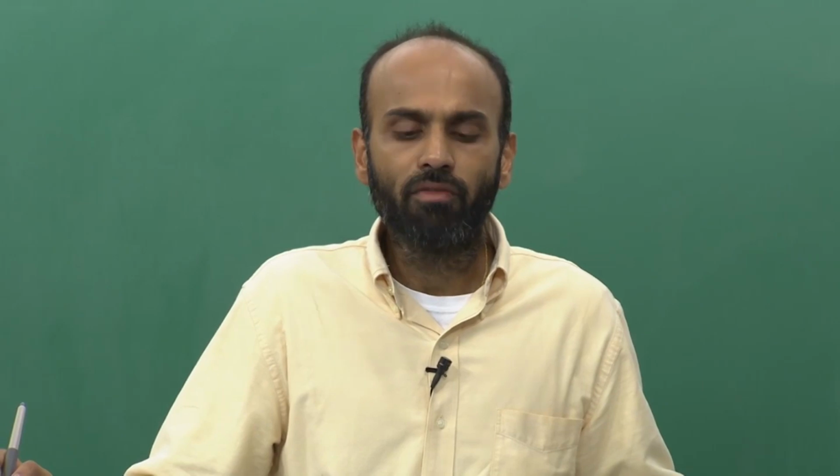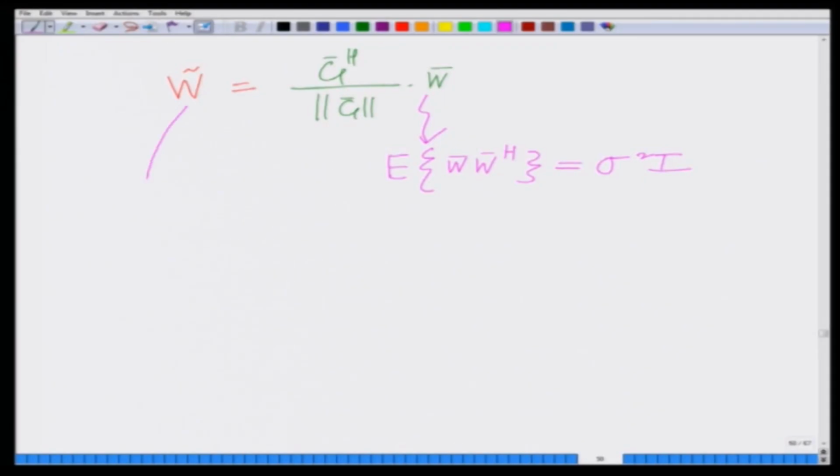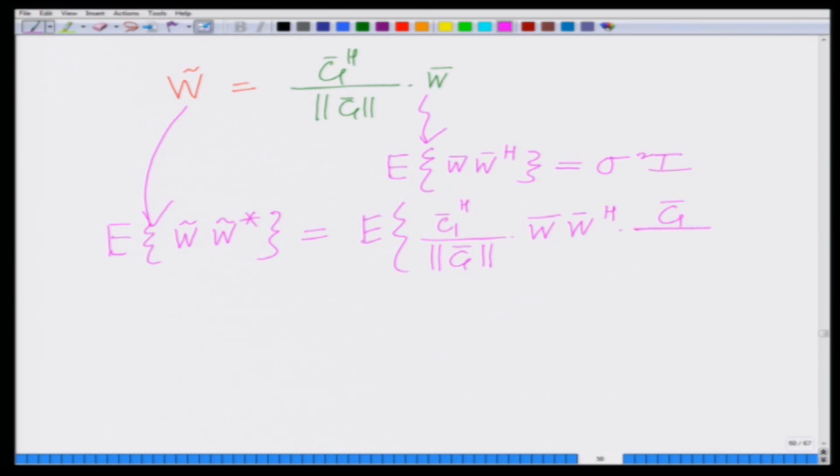Therefore, if I look at the variance of this noise W tilde, that is W tilde times W tilde conjugate, or magnitude W tilde square, it is equal to the expected value of C1 bar Hermitian divided by norm C1 bar times W bar, times W bar Hermitian times C1 bar divided by norm of C1 bar.